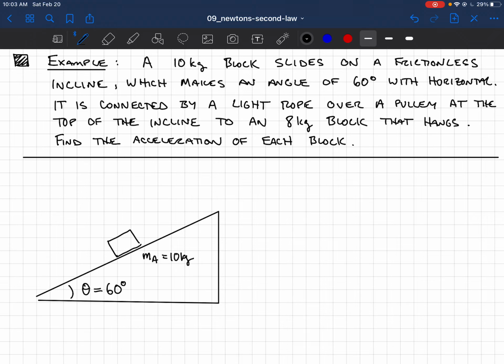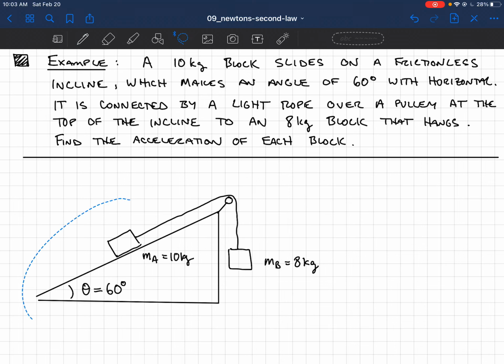So that's sliding along the incline, but it's connected by a rope, which is going to go over a pulley and connect to a second object. So there's a pulley here. And that second object we could call MB, and it was 8 kilograms.